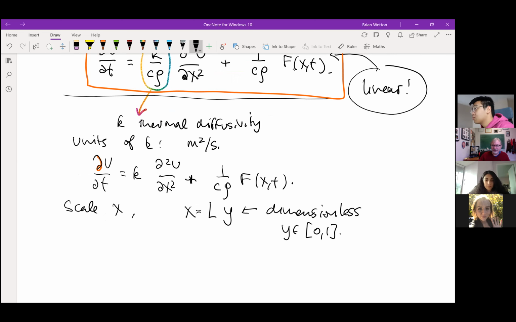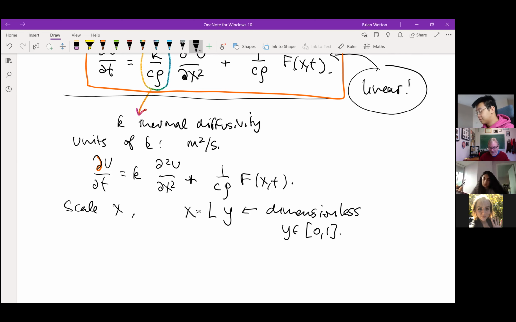Scaling is useful for a number of reasons. One of them is when you're looking at coefficients of different terms in a model, you can then really tell which ones are significant, which ones are big, and which ones are small. Because in units, you can't really. The example I gave last time is if you measure something in meters or in millimeters, then the number could look big or small.